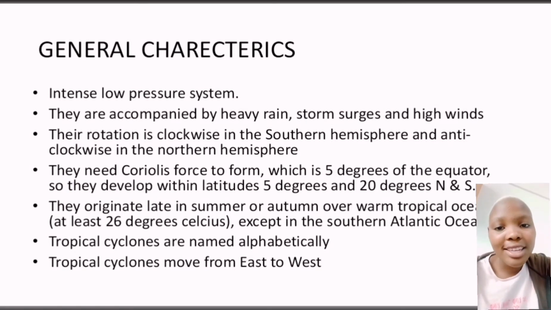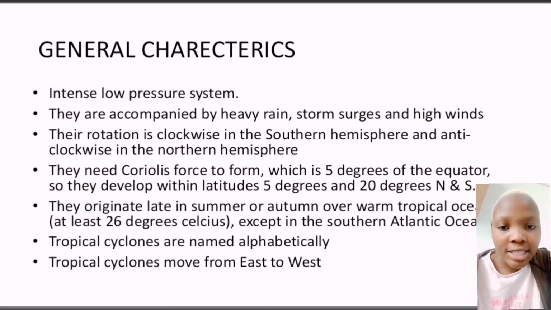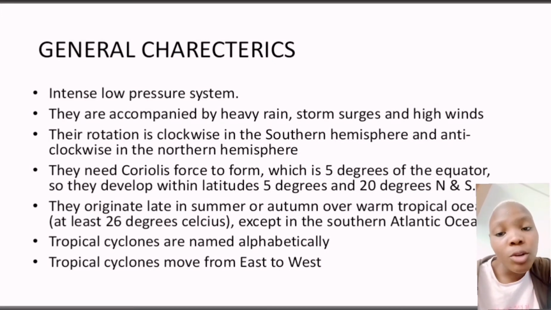So the people staying near the ocean are the ones that get more affected, because water from the ocean reaches places that are closer to the sea. So it is advised that people should not stay near water or near the ocean, because they are the first people to get affected when a tropical cyclone appears.